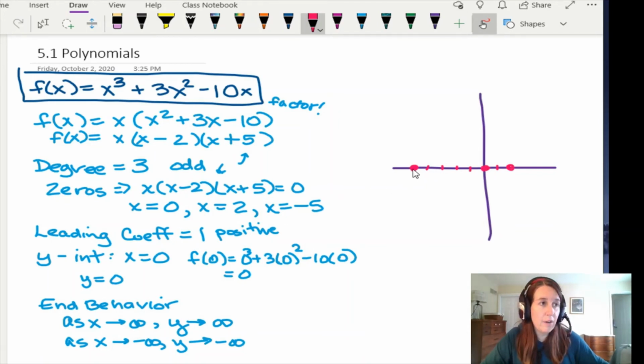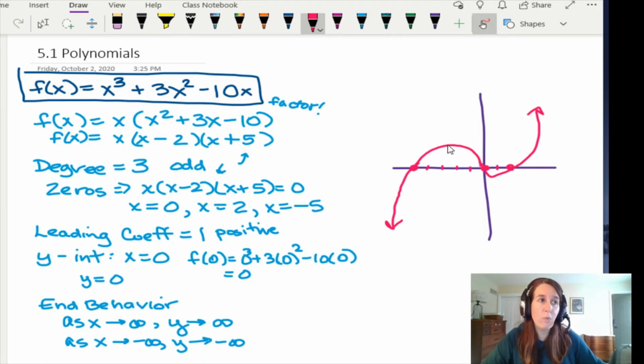And then we know that the ends are here and here from our end behavior. Now the rest of this, we just need to make a max here. It's going to go through this number and it's going to go back through this 0 and a minimum here. Remember that if this was a degree 3, there should be 2 total maxes and mins put together.